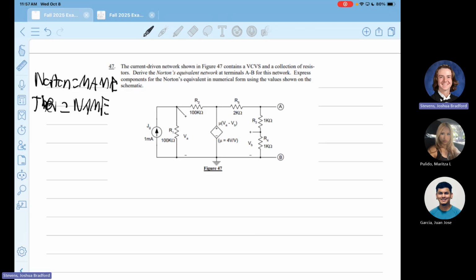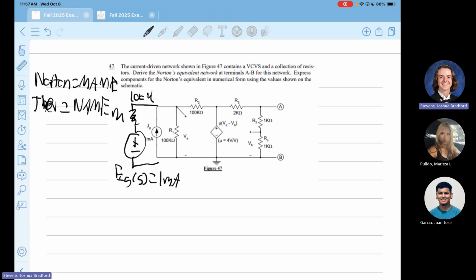We do a source transformation. I'm just going to say that. And we do resistor R1, 100K, plus minus. What is this? 100K? Well, we need EG of S, which equals that 1 milliamp.